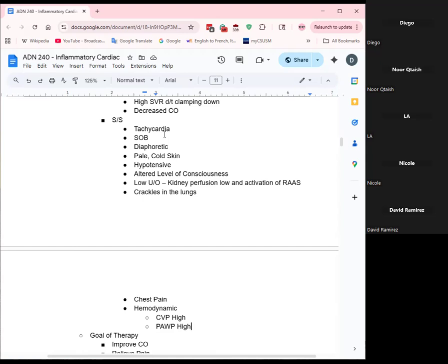Septic shock, you're going to have lab values that are different. You have the whole SIRS criteria. This person could have a high white blood cell count.